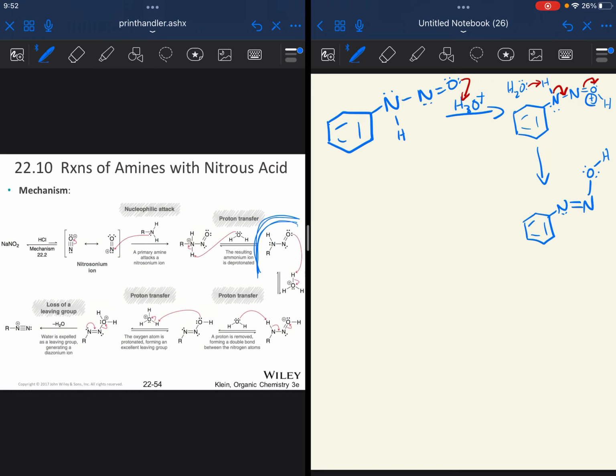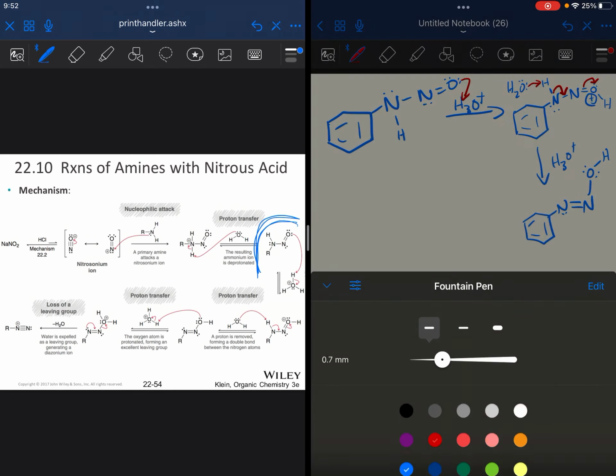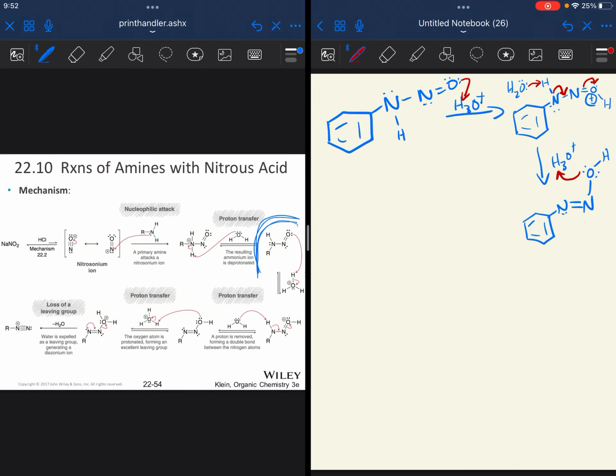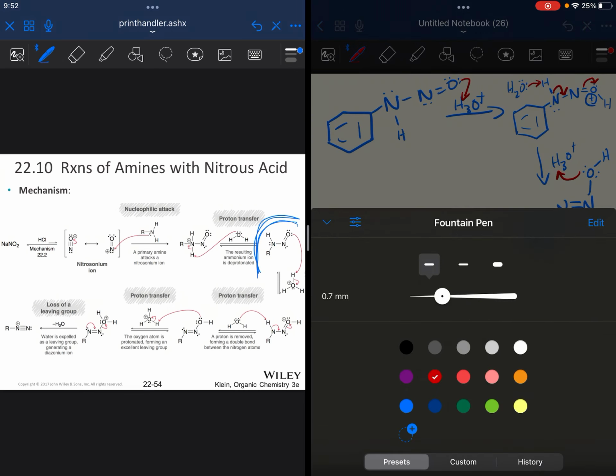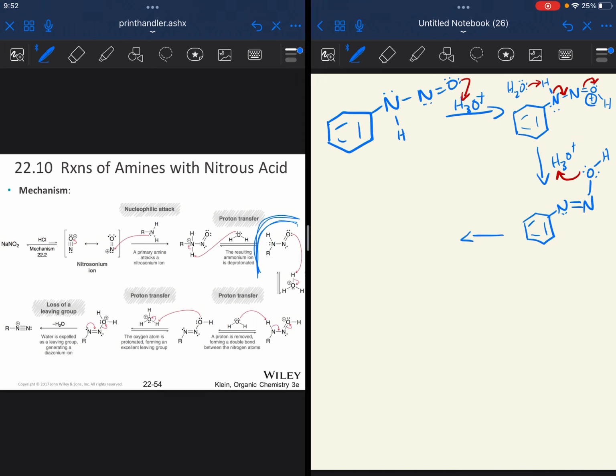So now that we have this intermediate, we're just going to protonate it again. All right, so we used hydronium, we made it again, we're going to use it again, so I'm just going to put my H3O plus down in there so that I can show this little proton transfer. All right, we're going to now get to that water leaving group. All right, we have nitrogen with a lone pair, double bond attached to this awesome leaving group that is water.